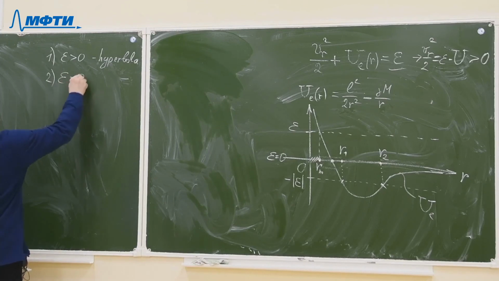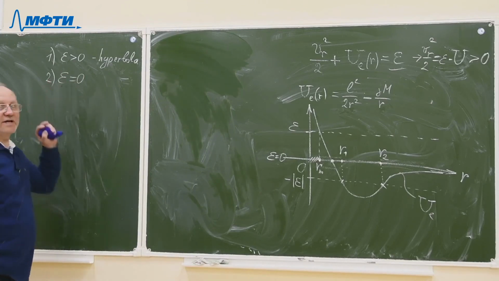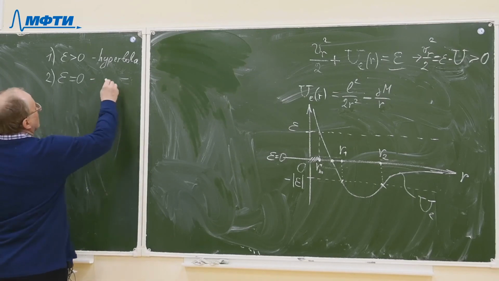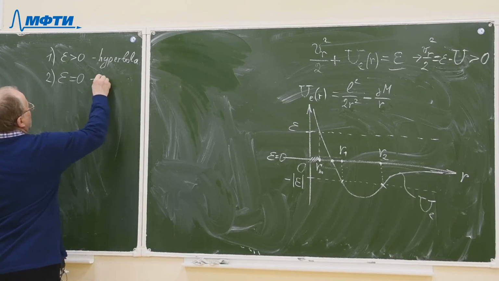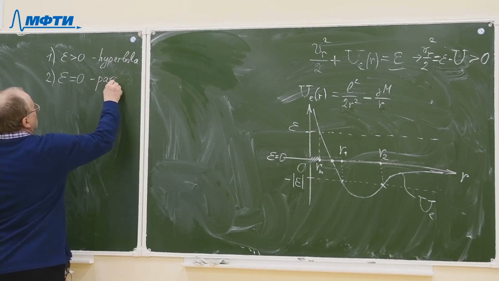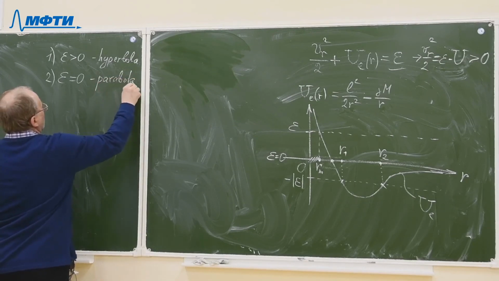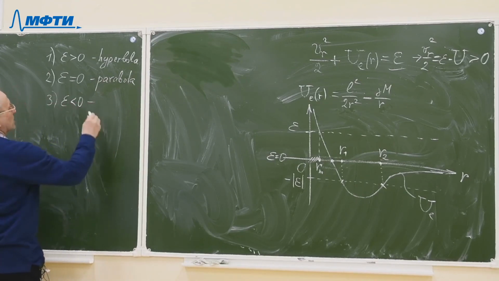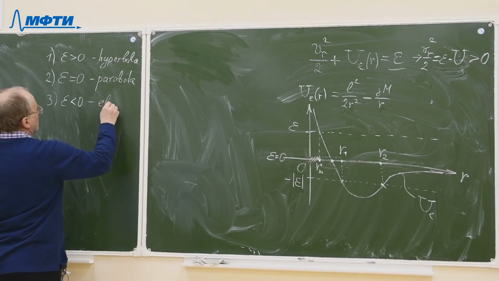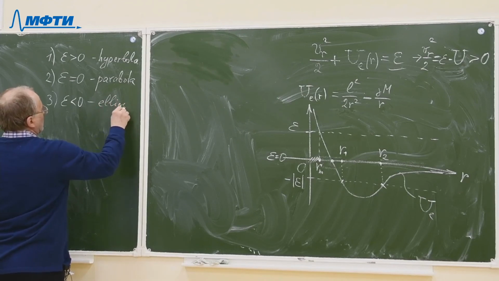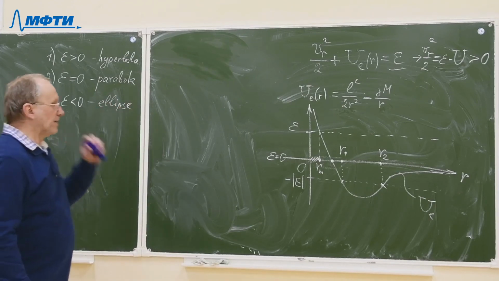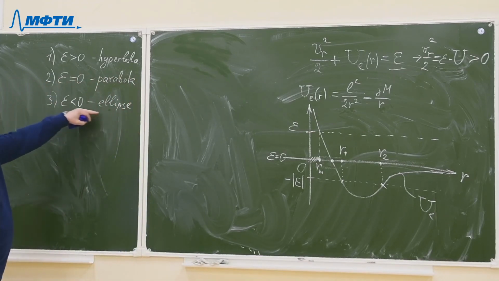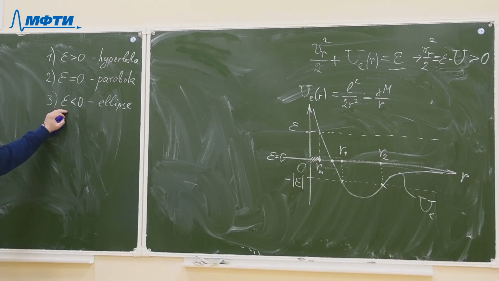If epsilon, that is the total energy of the planet per its unit mass, is 0, then the trajectory will be a parabola. And if epsilon is less than 0, then the trajectory will be elliptical. The planet moves along an ellipse if its total energy is negative.